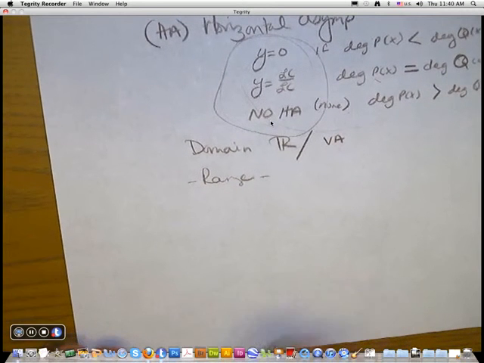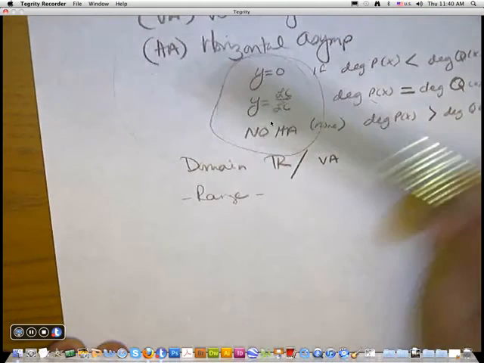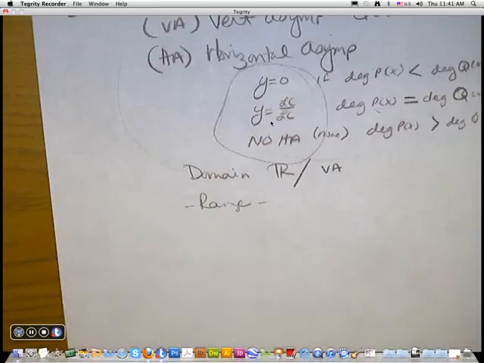So we're going to look at several examples here. In everything that we do with our homeworks, our quizzes, the tests, these are the things you've got to find: your x-intercepts, your vertical asymptotes, your horizontal asymptotes, the domain, and potentially the range.